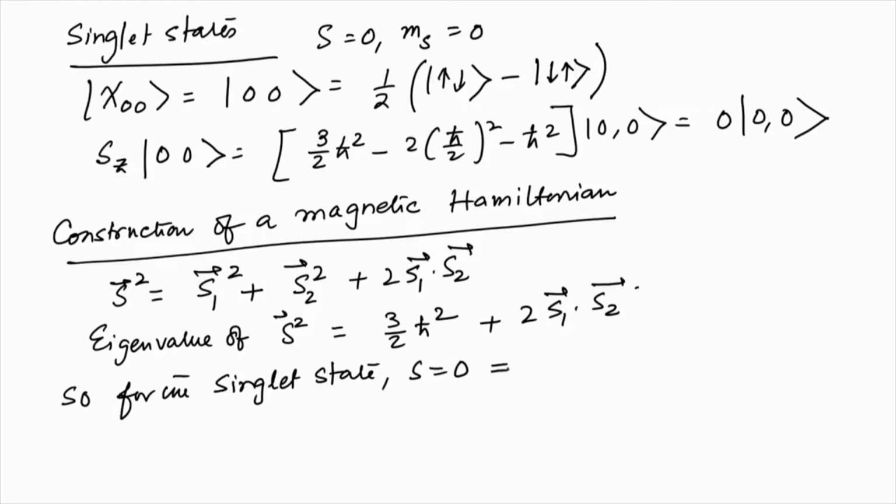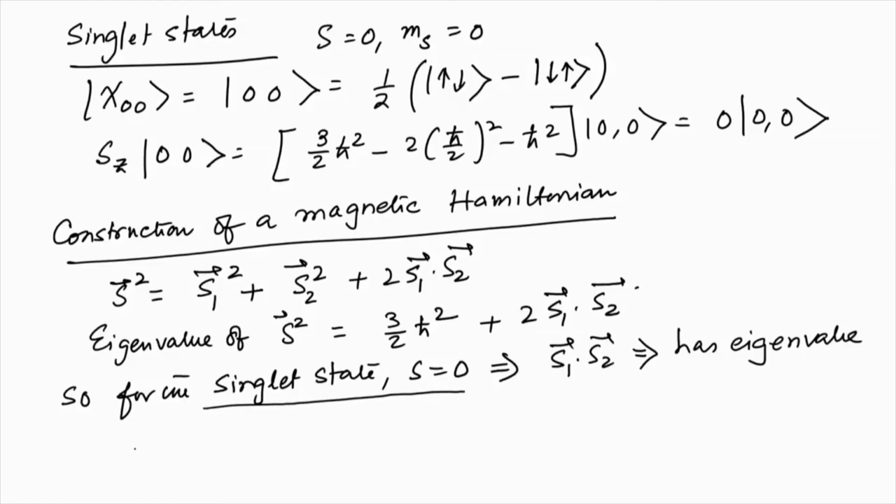The S 1 dot S 2 has an eigenvalue which is equal to minus half, minus 3 by 4 h cross square, because this is equal to 0. If you put the left hand side equal to 0, the S1 dot S2 will have an eigenvalue which is minus of half of 3 by 2 h cross square, which is minus 3 by 4 h cross square.